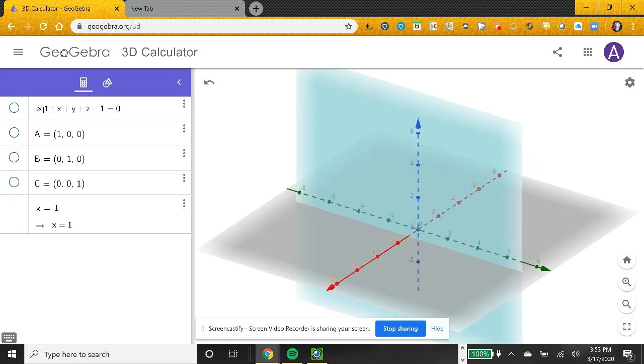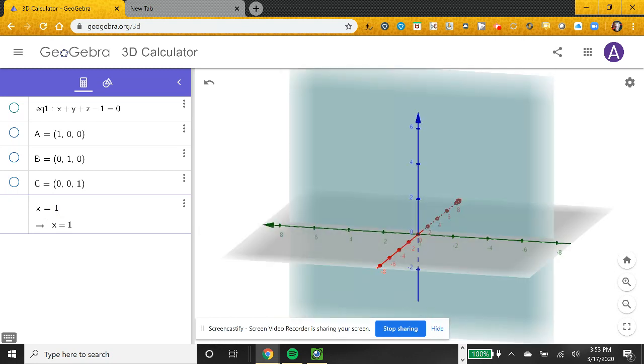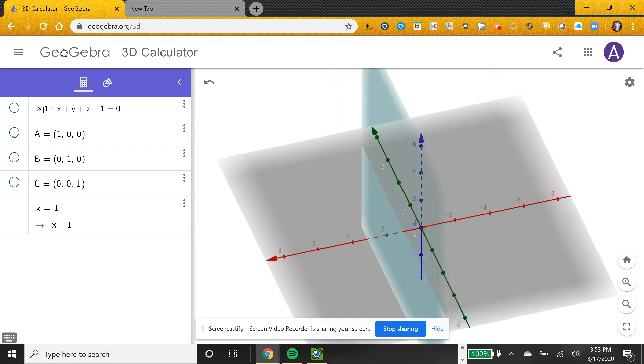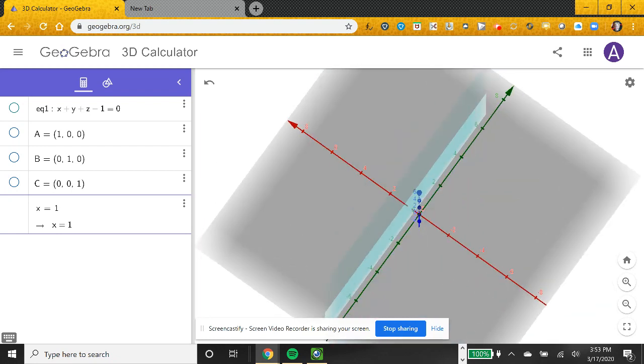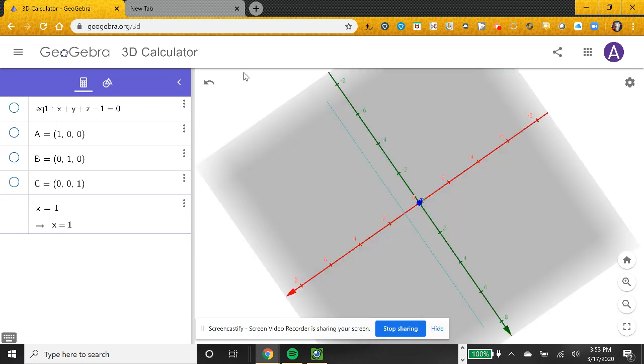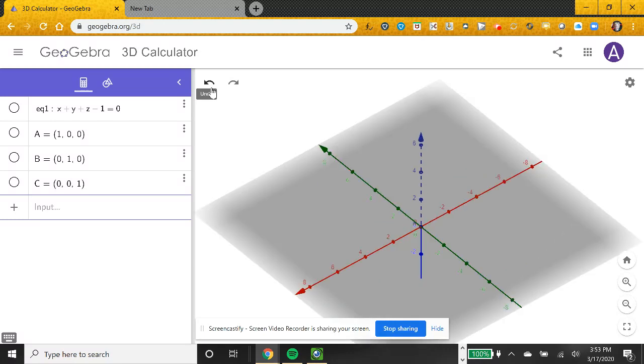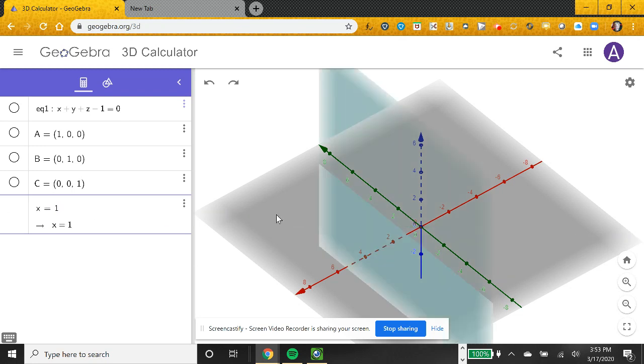And do you see how it is perpendicular? Oops, I got to be careful. It's perpendicular. Oop, I did it again. Okay. I got rid of my... It's perpendicular.